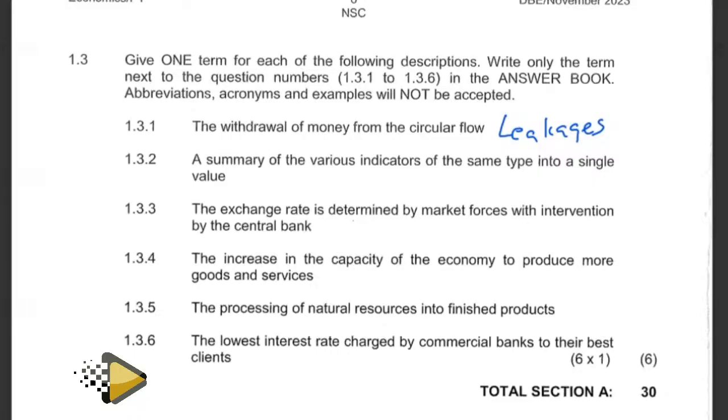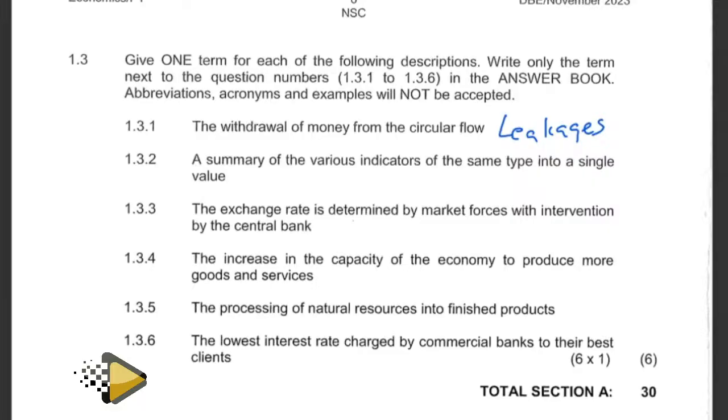And then we also have the coincident indicator, and this coincident indicator is a sign that changes at the same time with the economy. And then we have the composite indicator. Composite indicator, yes, it is the indicator that the question is looking for, because composite is the indicator that combines all the indicators, namely lagging, leading, as well as coincident.